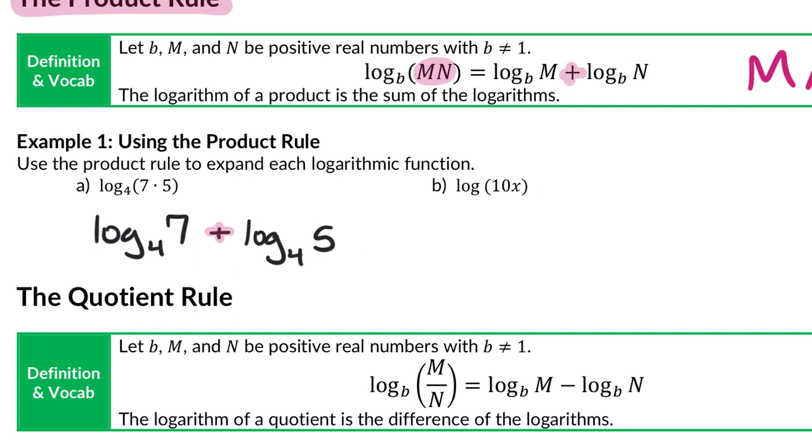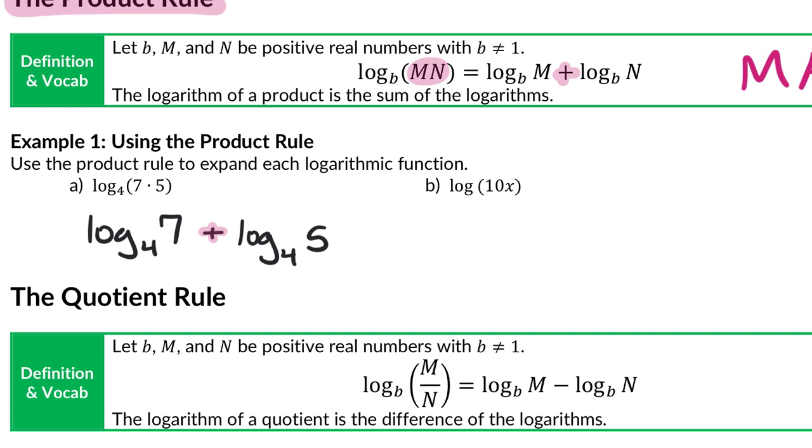If we do question B here, what is the base of this logarithm? Well, 10. It's our common logarithm with the base 10, so we don't write it. Which means if I separate this, if I expand this, this is going to be log of 10 plus log of x.